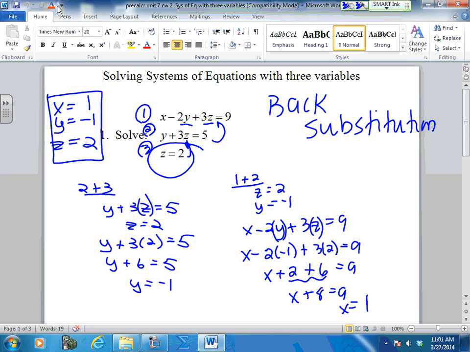Now, when you give me the answer, you can do it like this, or you know how you wrote your ordered pair x, y? We're still going to make an ordered triple here, and we're going to put them in the way they appear, alphabetical order. 1, -1, 2. You know how you did your XY pair? Well, this is an XYZ triple. So we're going to still do it like that, or give me your box of information.